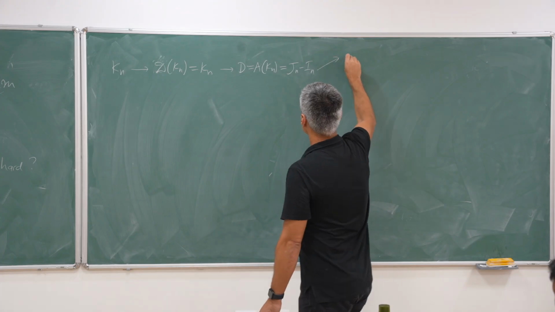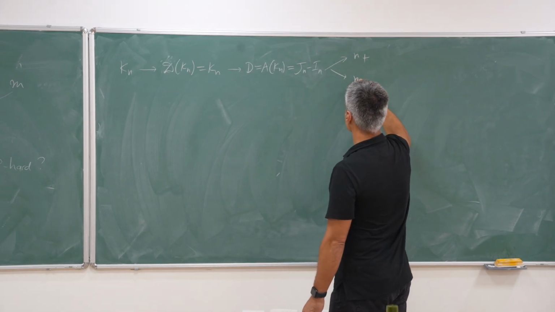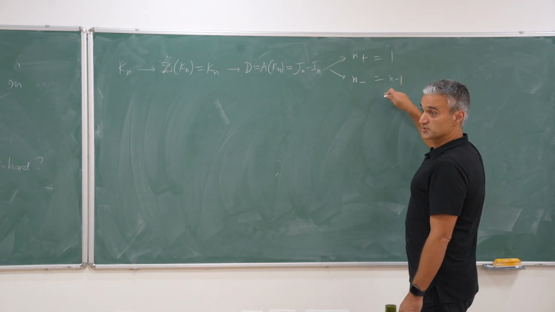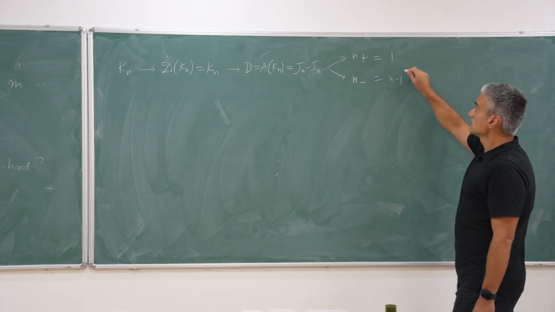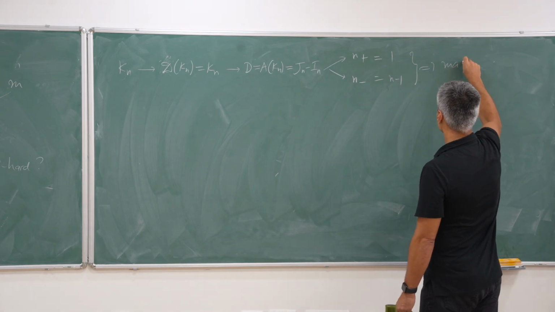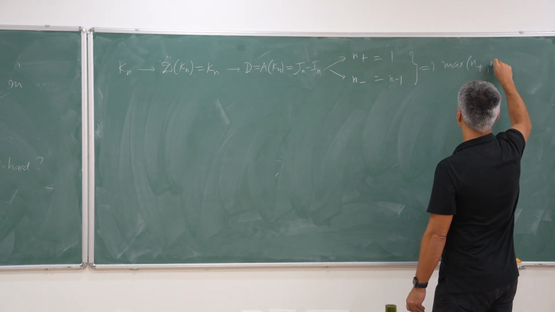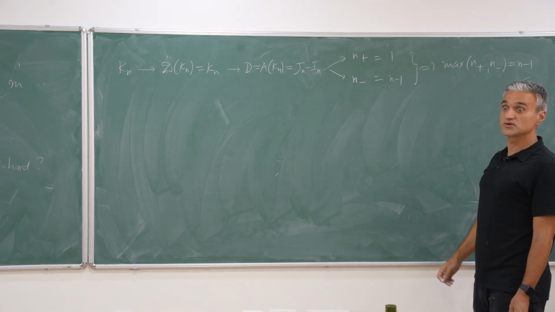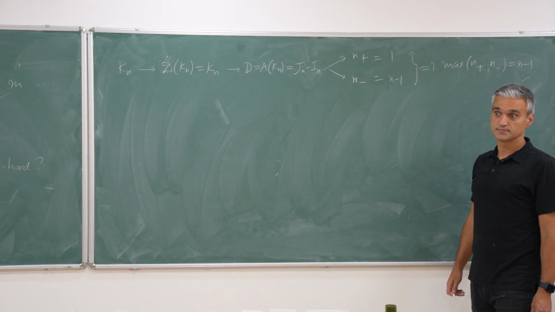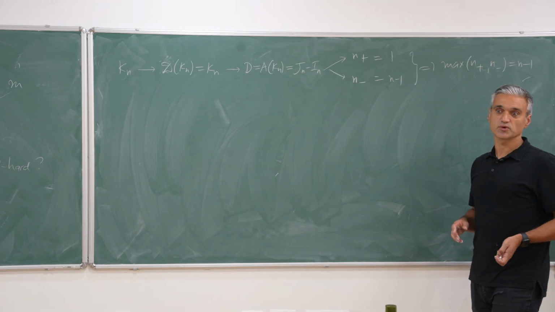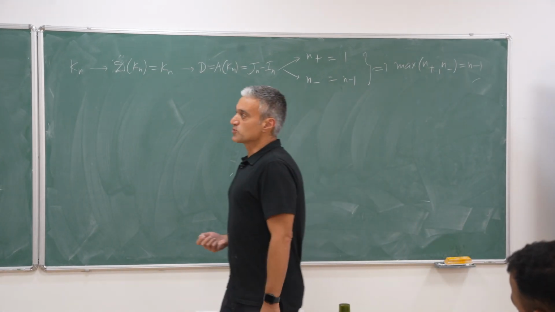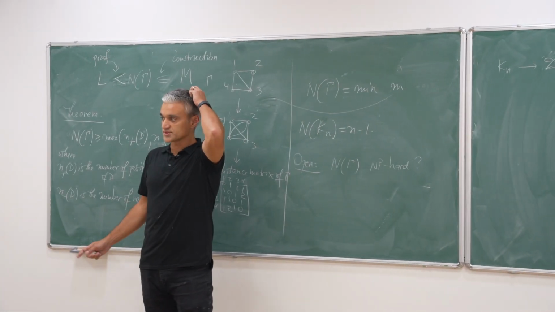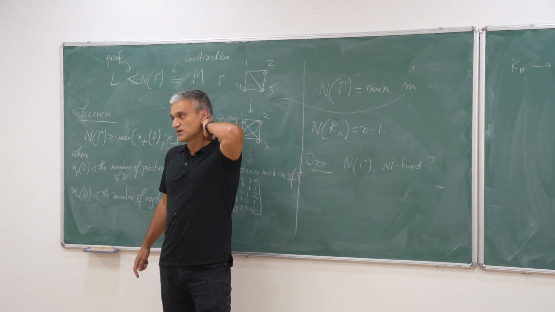Now, what is the number of positive and the number of negative eigenvalues? 1 and n minus 1, because this is minus 1 with large multiplicity. So the maximum of them is n minus 1, and you plug it in, you get greater or equal to n minus 1, you're done. Because that's the bound that we did with a linear system of equations. But this is more general because you can apply it to any graph you want. Any graph, you just go to the distance matrix and it will get you a lower bound.